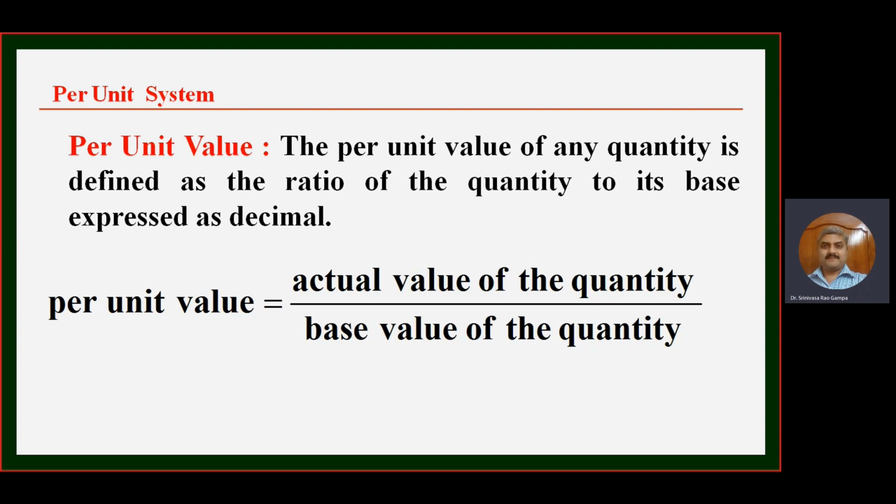For example, in a power system, if different voltage levels are there at transformers, machines and motors, the biggest of all of them will generally be considered as the base quantity, and the actual quantity of the machine will be considered as the actual quantity. So the ratio of the actual quantity to the base quantity is the per unit value.